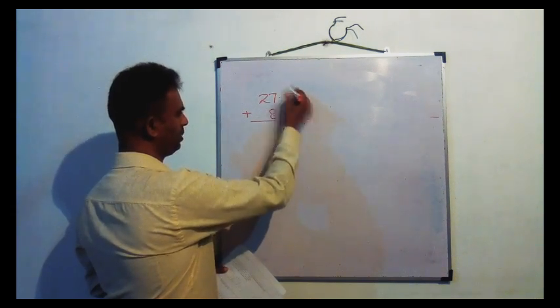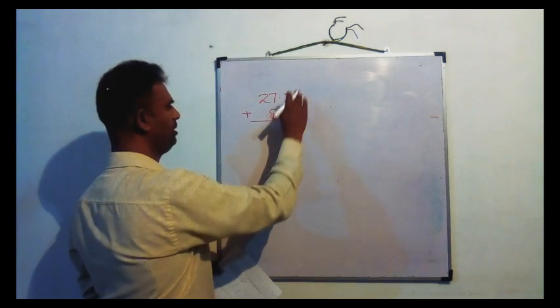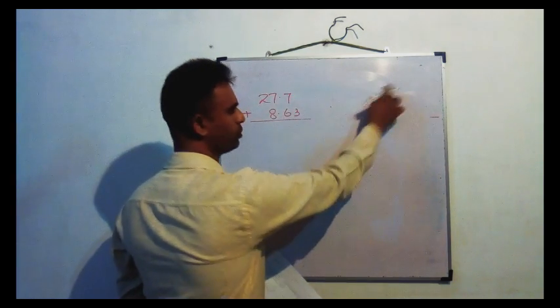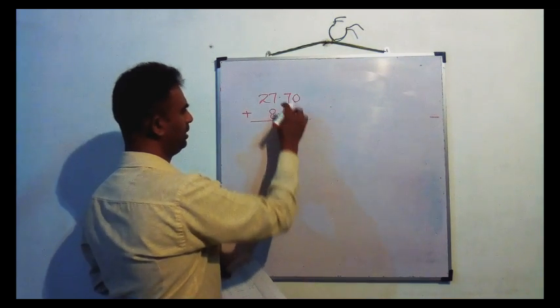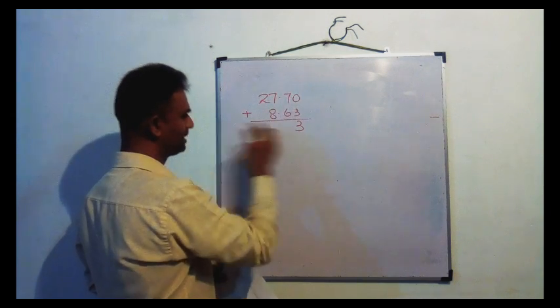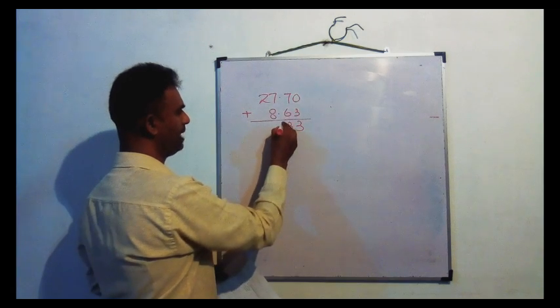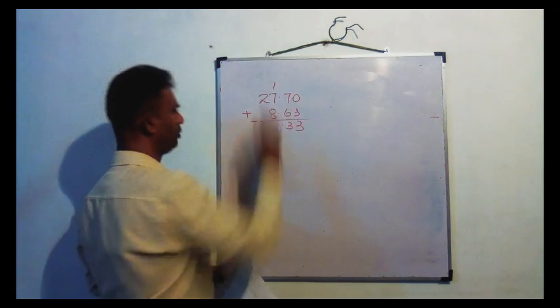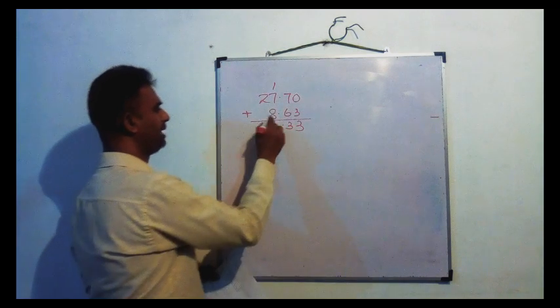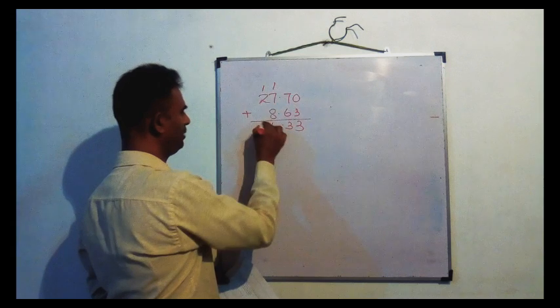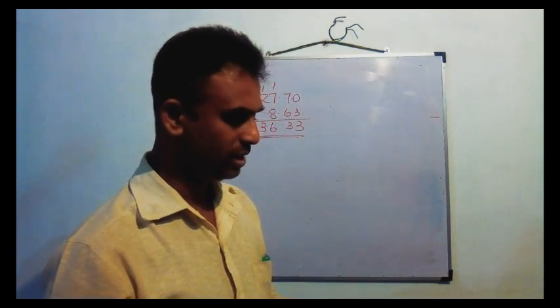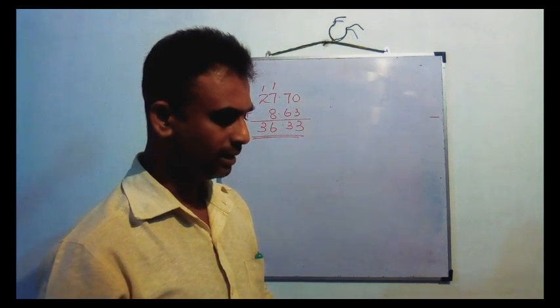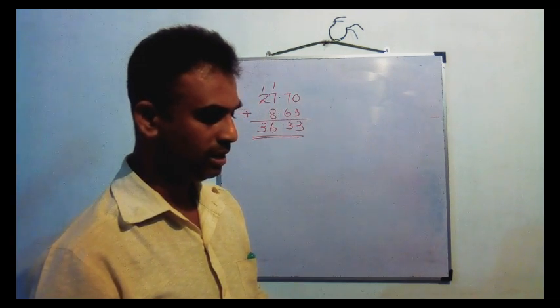It is not mentioned, but we know that zero is here. 3 plus 7 is 10... 7 plus 6, 13. Put the 3, balance is 1. 1 we want to write here. 1 plus 7 plus 8, 16. Balance is 1. 36.33.